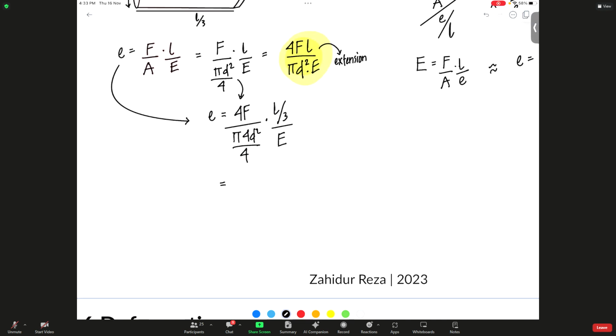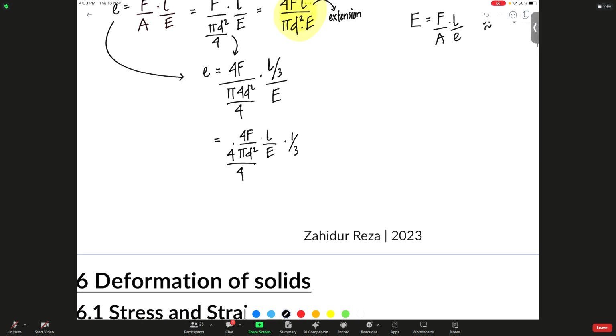So এখানে যদি দেখো 4F divided by pi 4 থেকে বাইরে নিয়ে গেলাম, d square by 4 times L by 3 টা বাইরে নিয়ে আসলাম, so it's 1 by 3. তোমরা যেভাবে সিম্পলিফাই করতে চাও তোমাদের ব্যাপার, I'm just trying to do it the most basic possible way.